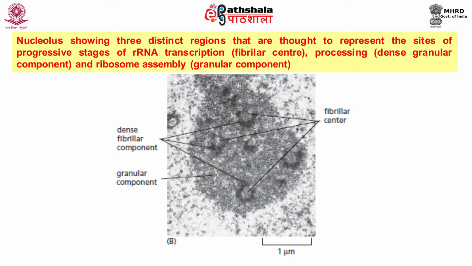Processing of rRNA takes place in the dense fibrillar component and ribosome assembly is thought to be the function of the granular component. Following each cell division, nucleoli become linked with chromosomal regions containing 5.8S, 18S and 28S rRNA genes and are then called nucleolar organizing regions.